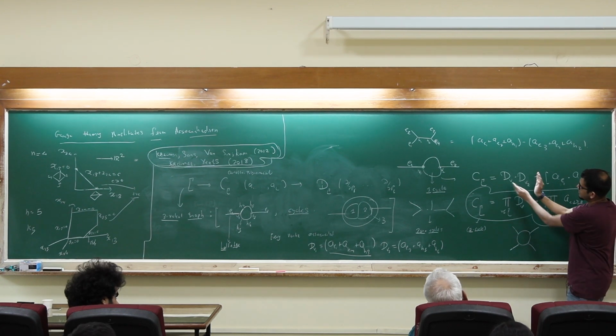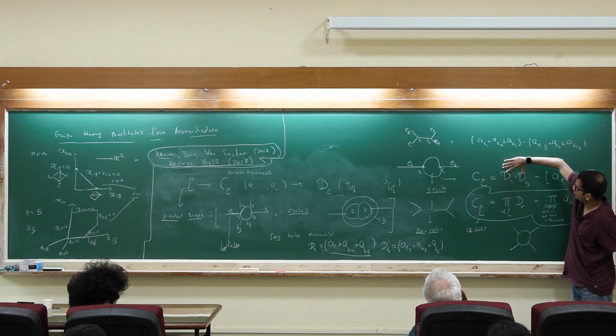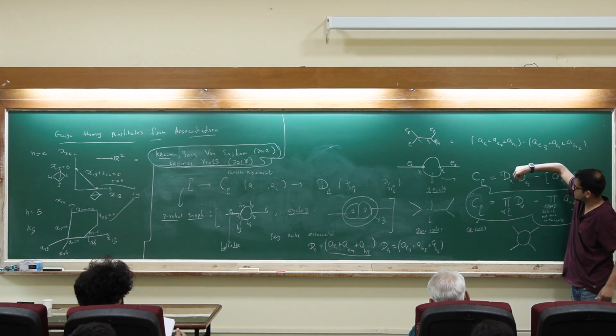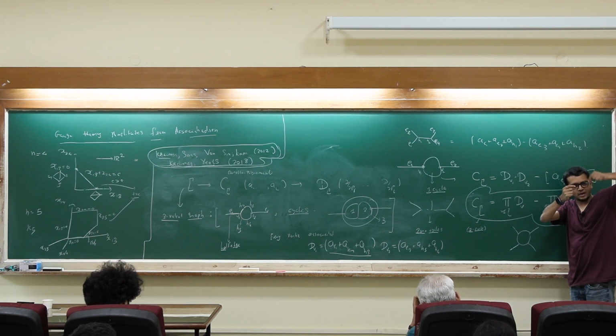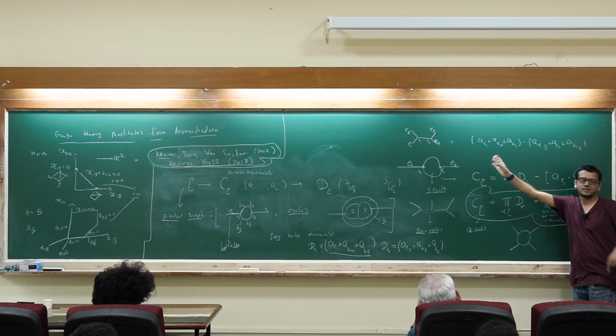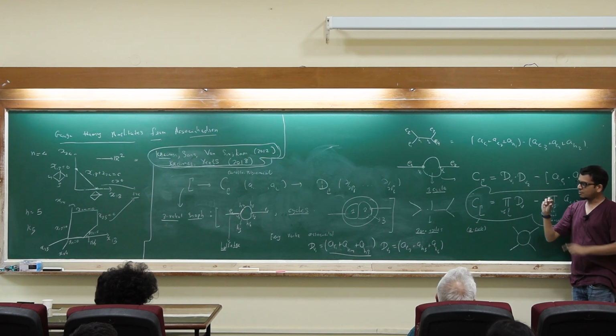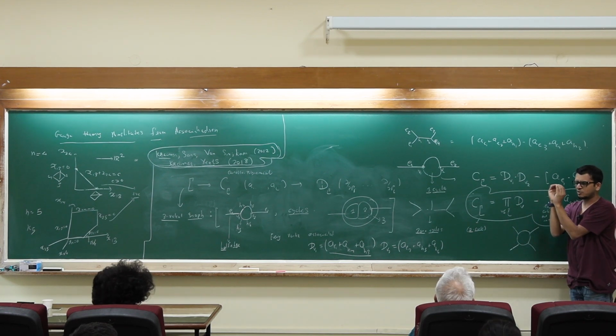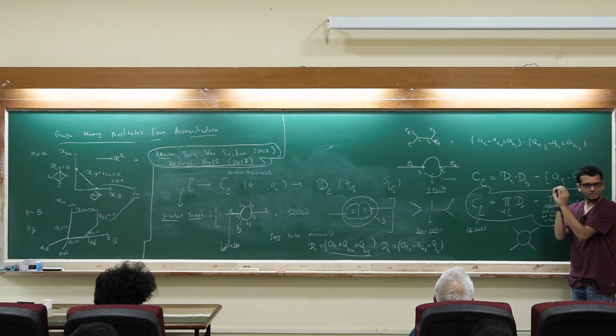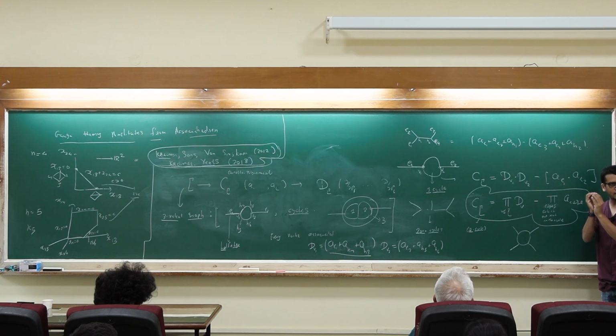This is always going to come with a plus sign, because you just take every vertex, look at a corolla sum of the 3 variables, and take the product. Now the contribution which takes into account just 1 cycle at a time comes with a minus sign. If you have 2 cycles, 1 at a time, it will come with a plus sign. 3 cycles, minus sign. So that's the rule to write this.